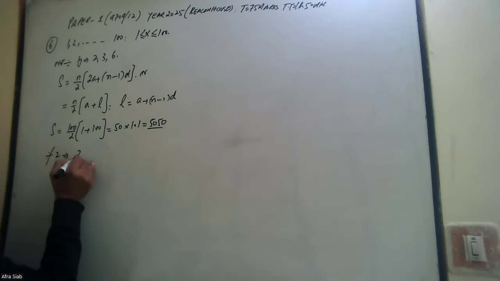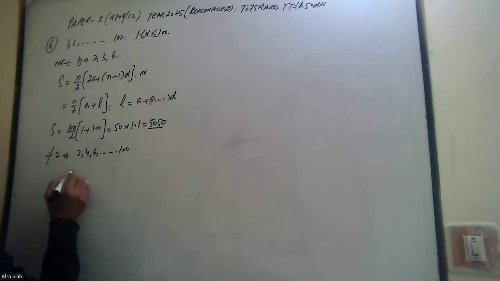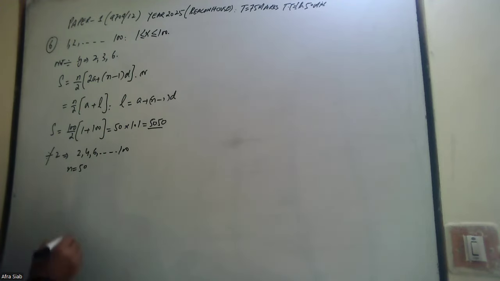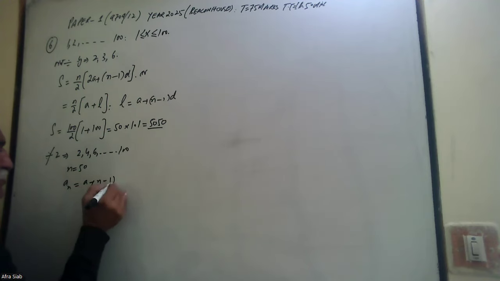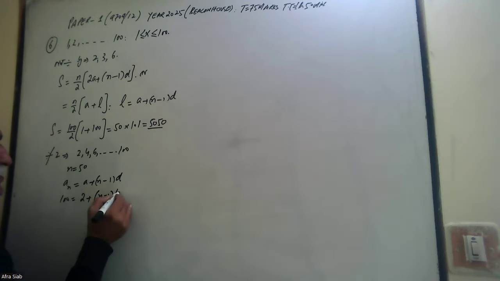Now we are making a list of those which are divisible by 2. So the list is 2, 4, 6 up to 100. The number of terms is 50, because if we count with the help of the formula a plus n minus 1 into d, where the nth term is 100, a is 2, and the difference is 2.